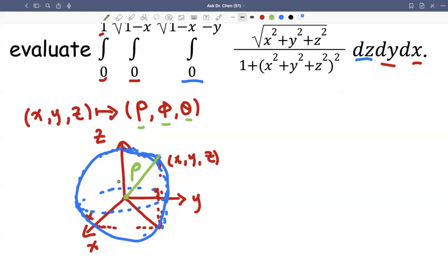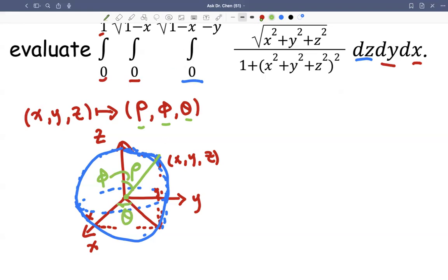And phi measures the angle this point forms with the origin, so this angle we call phi. And then theta is the same theta as before. We drop this point, and theta measures on the xy plane.